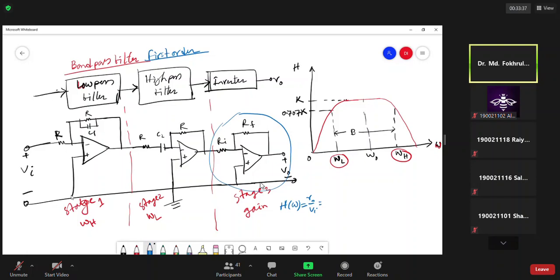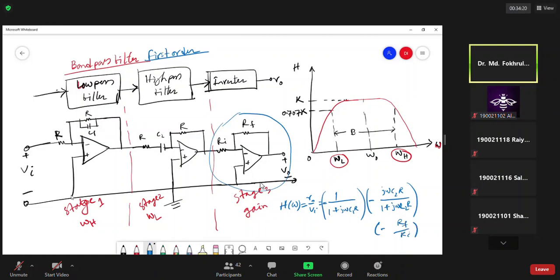So the gain of the first section is 1 over 1 plus j omega C1 R. Then multiplied by the gain of the second section, j omega C2 R by 1 plus j omega C2 R. And then the gain of the last stage is minus RF by RI.